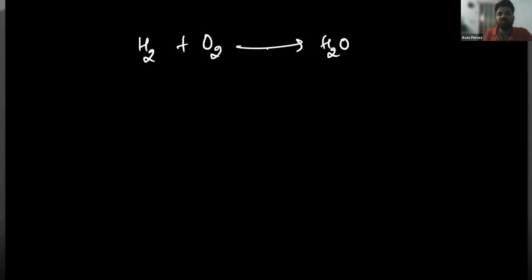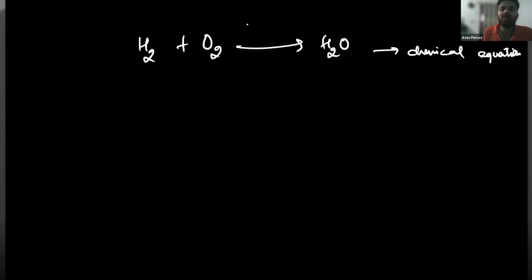You have written hydrogen as a symbol, H2, O2, and water as a formula, H2O. So we consider it a chemical equation.